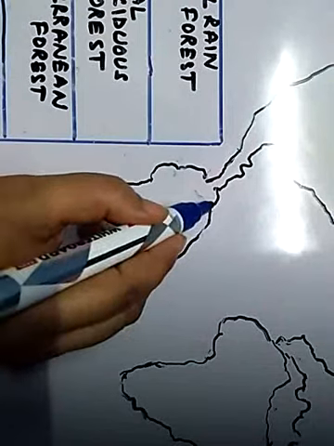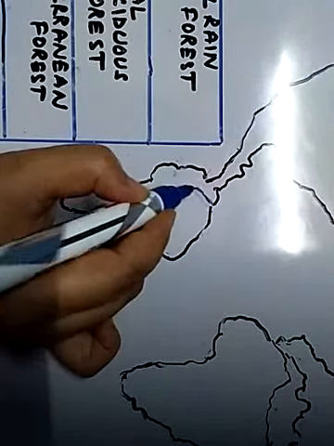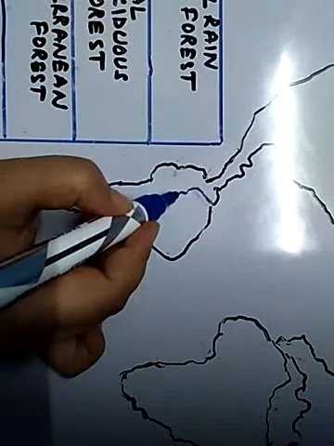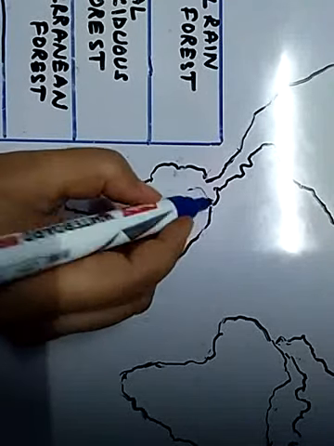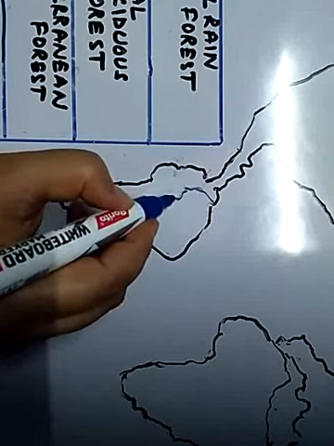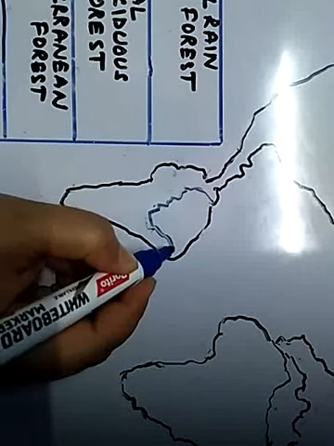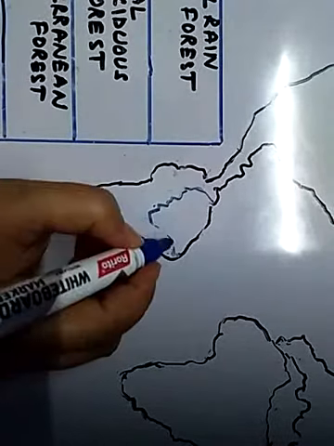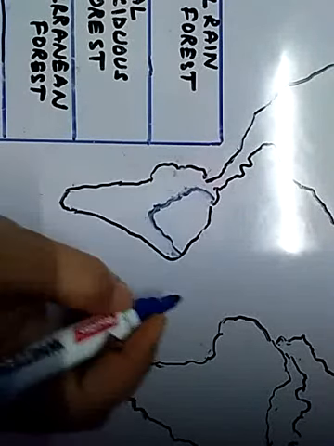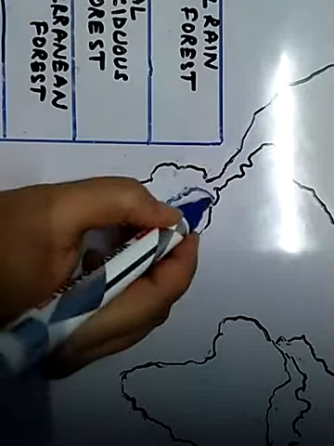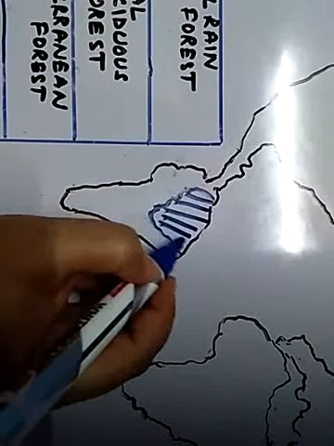So let's see, in South America, the tropical evergreen forests are found here, in the equatorial region of South America. Amazon basin is here.